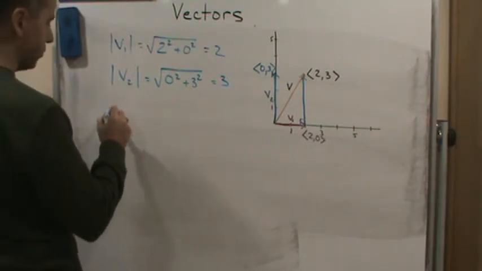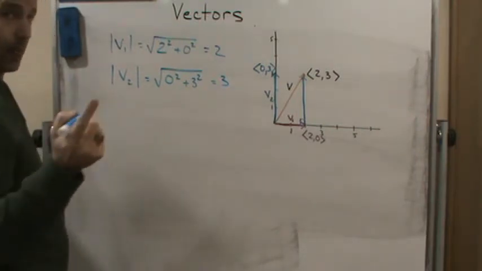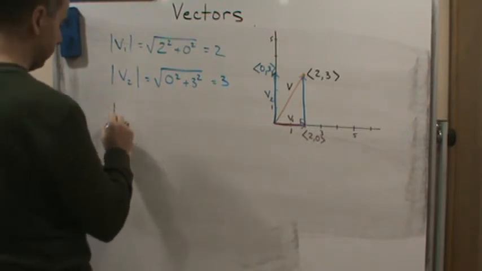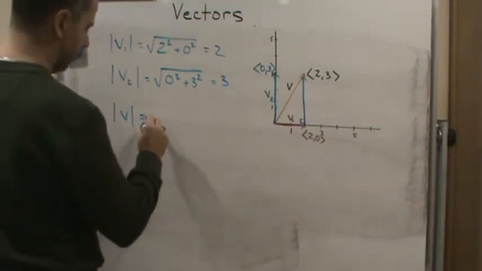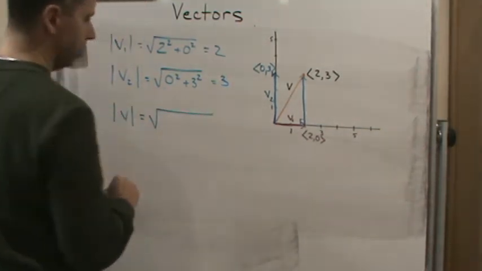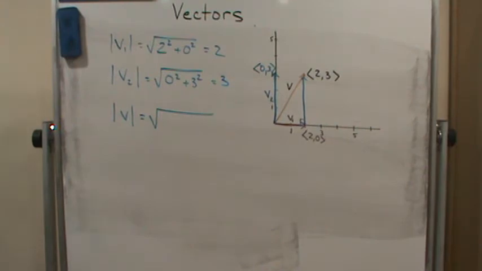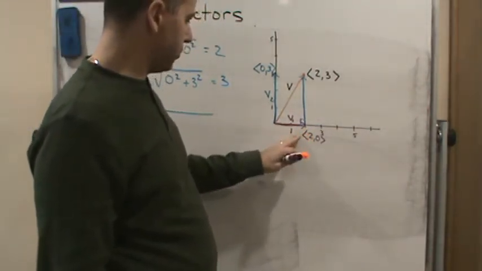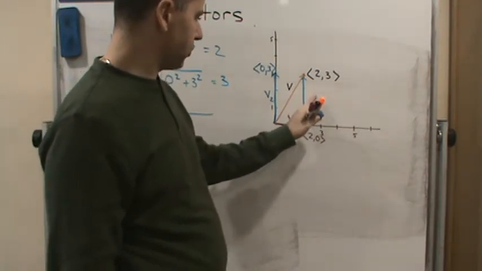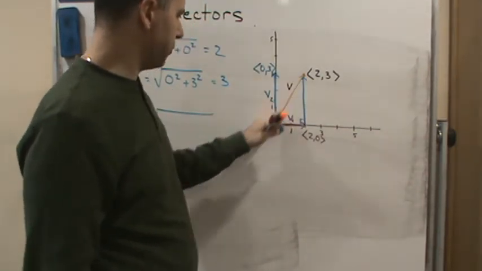Now, what about the magnitude of V? Well, the magnitude of V can be written in relationship to the magnitudes of the component vectors by using the Pythagorean identity. Because we can say this magnitude squared plus this magnitude squared will equal this magnitude squared.